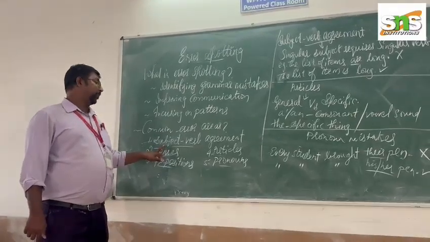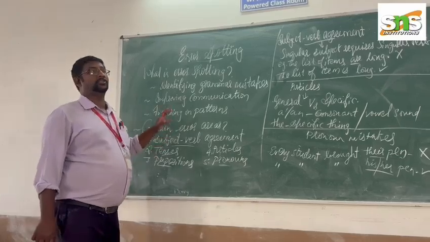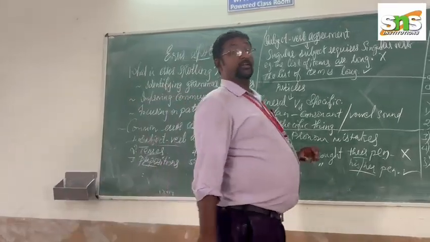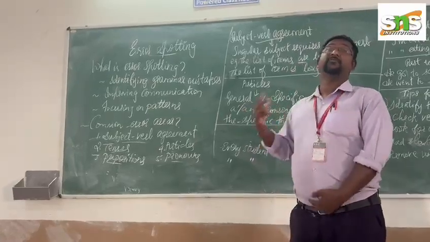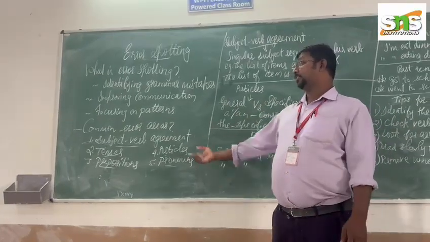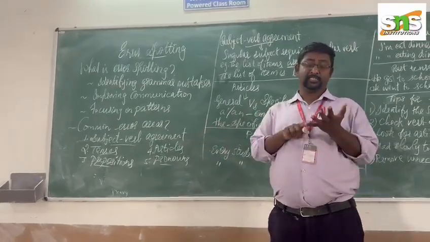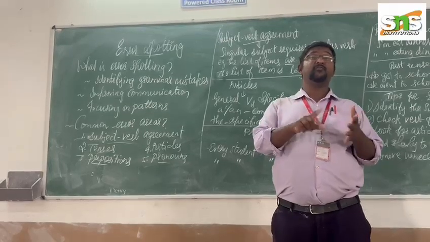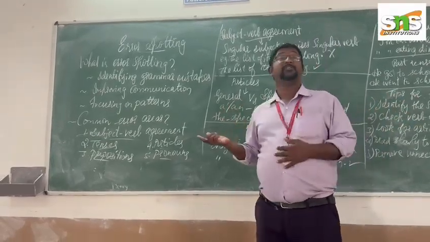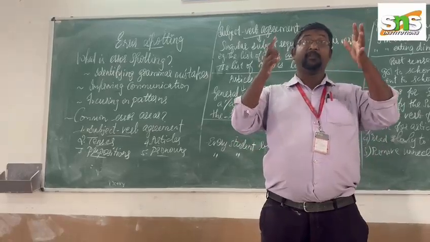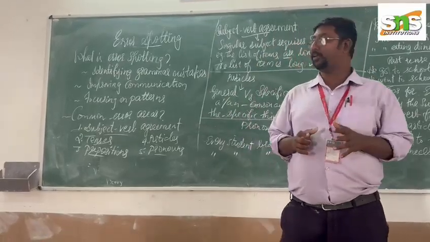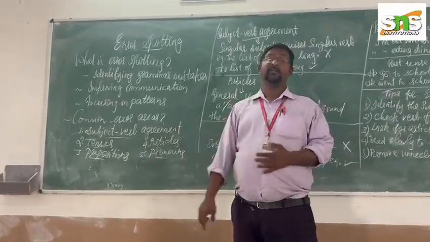Subject-verb agreement is one of the topics in grammar which connects the subject to the verb. And tenses, we know there is past tense, present tense and future tense. A preposition describes the position of a noun or pronoun, and it comes before a noun or pronoun.